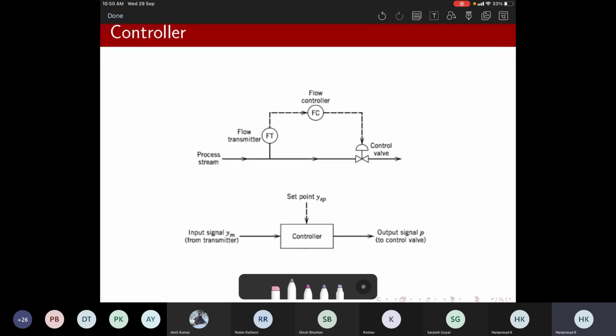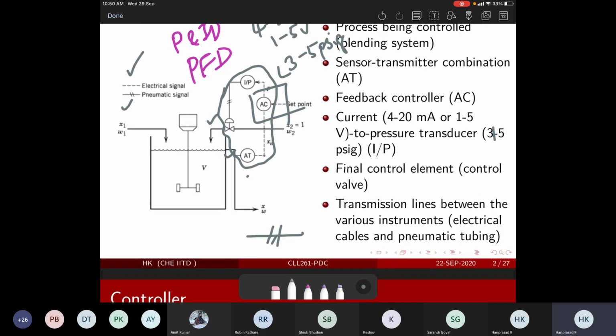Okay, so now coming to the controller. A controller takes an input signal and it has a set point, which is the target value. So let's say your output product will have a specification. That specification is fed inside the controller.